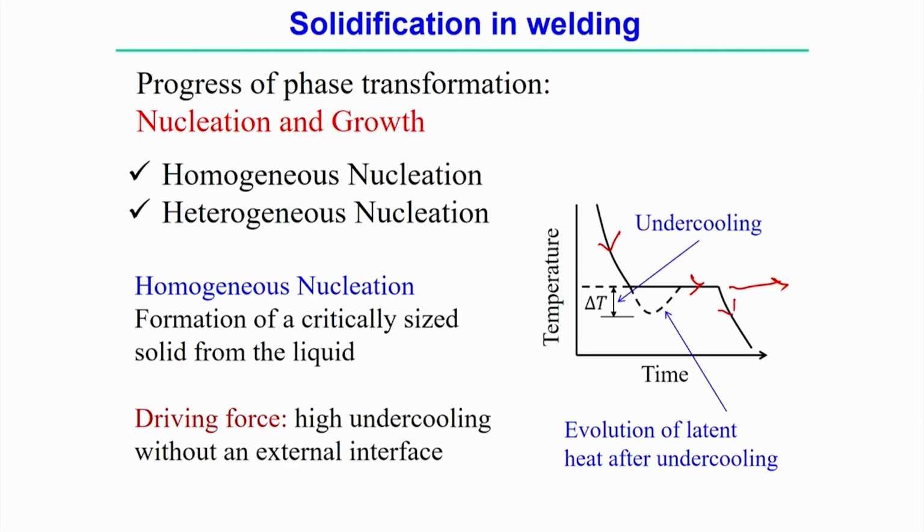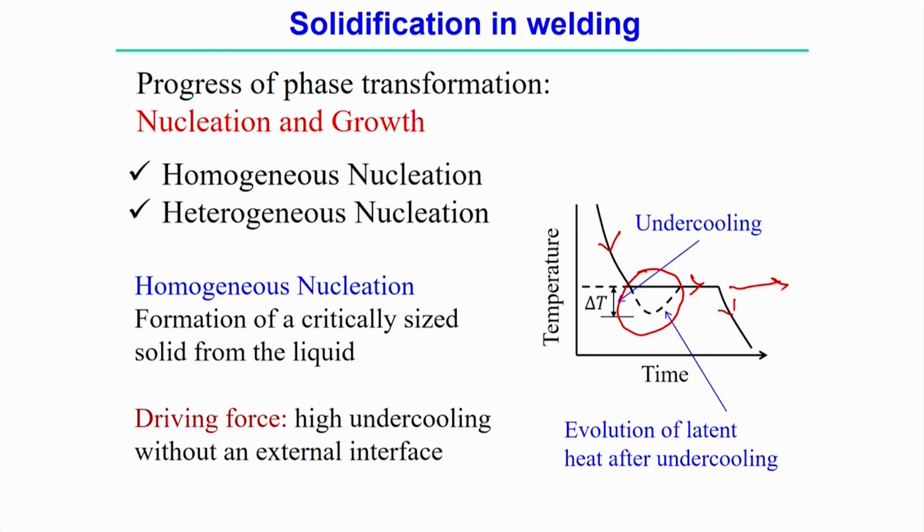So, this undercooling is the main driving force, and it is specifically responsible for the homogeneous nucleation process. That nucleation happens throughout the structure at a time. But of course, this undercooling is achieved at a very local position within the pool of liquid metal.